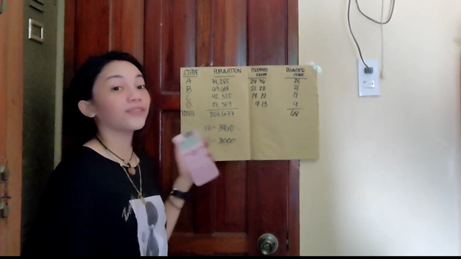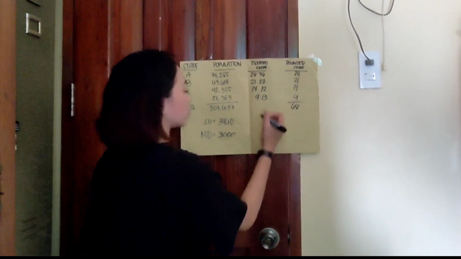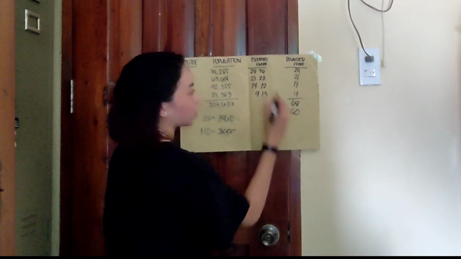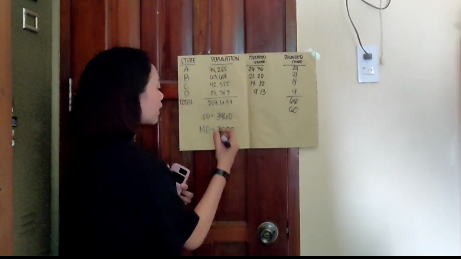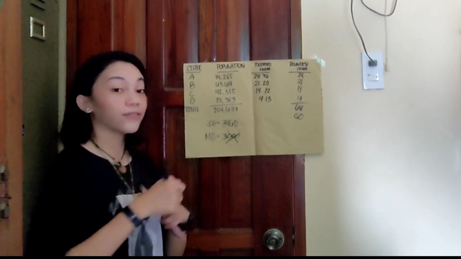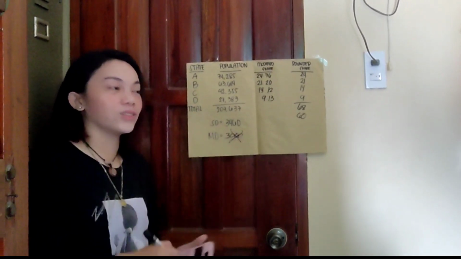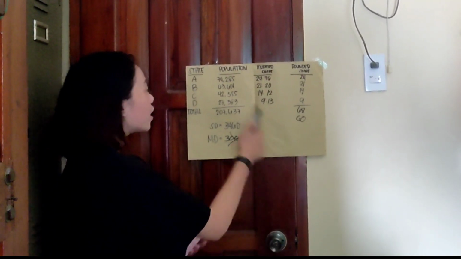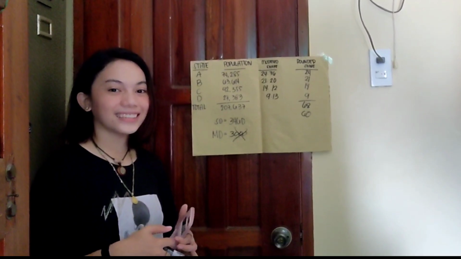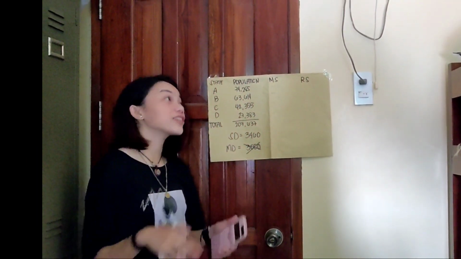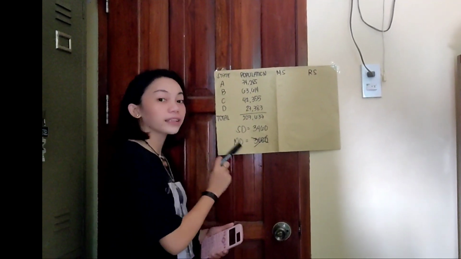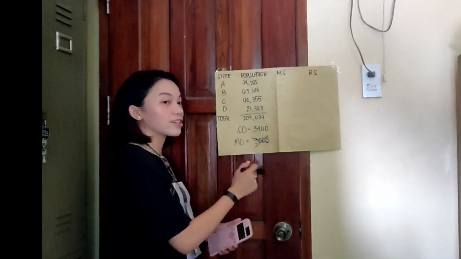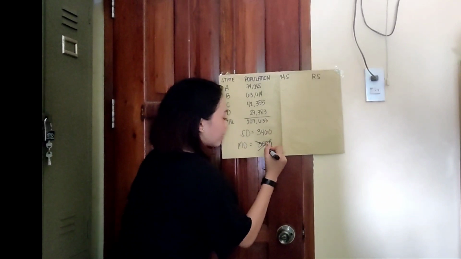This is not the modified standard divisor because we should get 60 in our final. So 3,000 is not our modified standard divisor. Let's proceed to another example. Here's another example. Our modified divisor is not 3,000 because the result is 68.